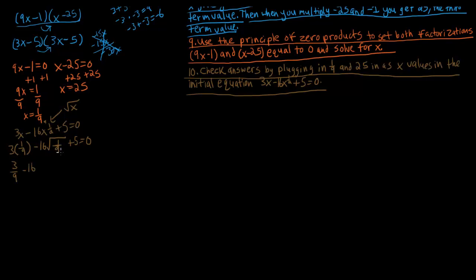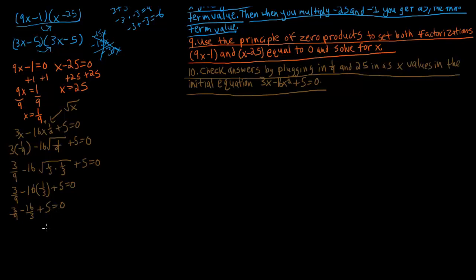The square root of 1/9 is 1/3, because 1/9 is 1/3 times 1/3. This simplifies to just 1/3. Get rid of the radical. Plus 5 equals 0. Then you have 3/9 minus 16 times 1/3, which is 16/3, plus 5 equals 0.